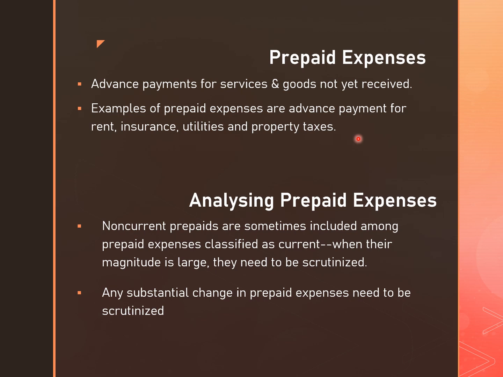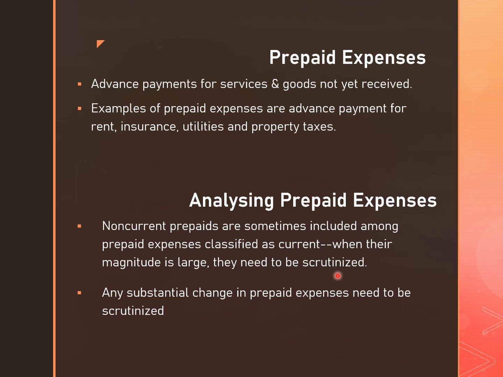So that lah. And then how to analyze the prepaid expenses? The non-current prepaids are sometimes included among prepaid expenses classified as current. When their magnitude is high, they need to be scrutinized. Okay, it means that the amount of prepayment, when that is a big amount, you kena look further.